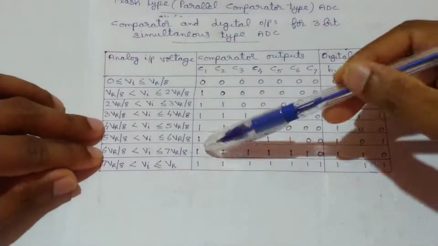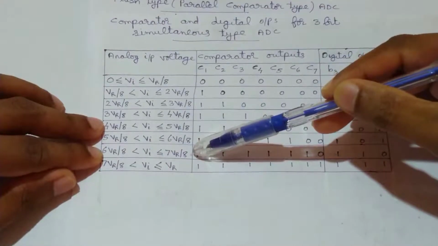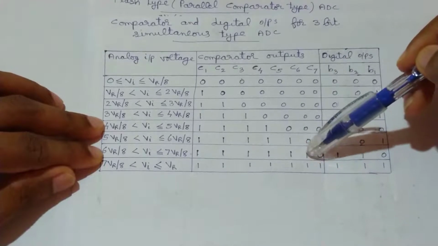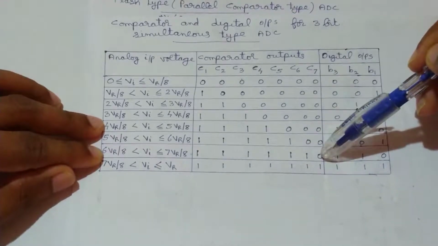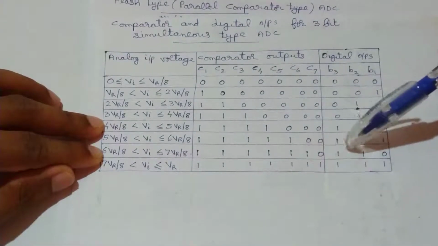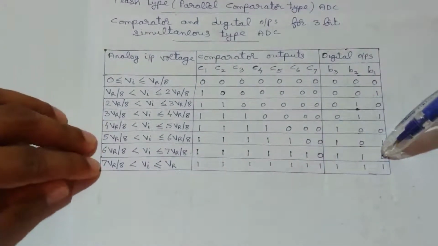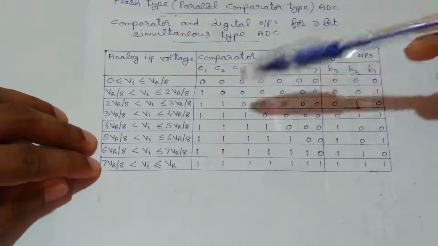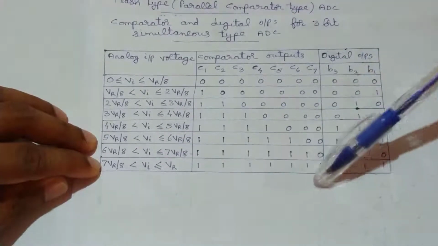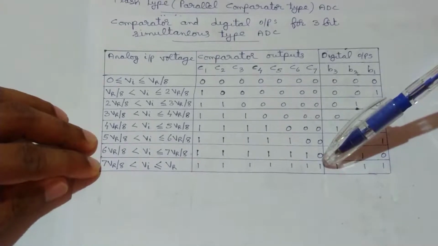Then for input 6 VR by 8 less than VI less than or equal to 7 VR by 8, the output of 6 comparators are 1s and the output of the 7th comparator is 0, and the output will be 1, 1, 0. Then for input 7 VR by 8 less than VI less than or equal to VR, the outputs of all the comparators are 1s.